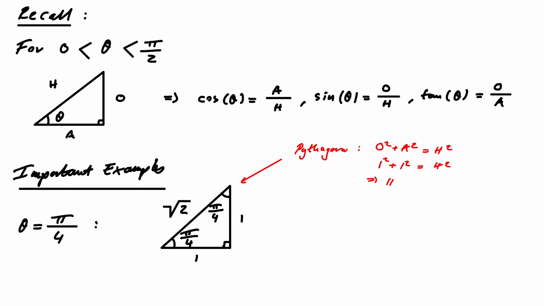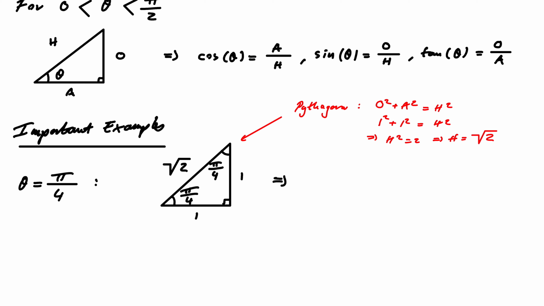That implies h squared is equal to 2, which implies h is equal to the square root of 2. Now with this triangle, I can instantly read off cosine, sine, and tan just by doing the appropriate ratios. So this tells me that cosine of pi over 4 is 1 over root 2.